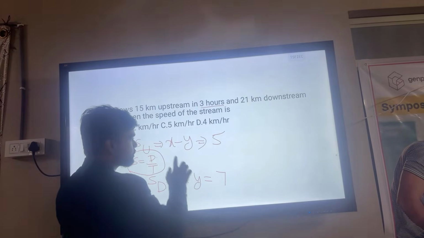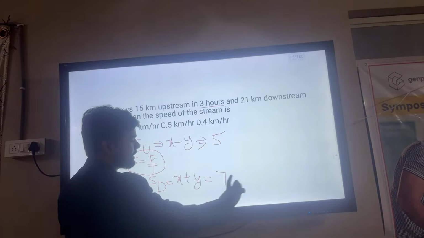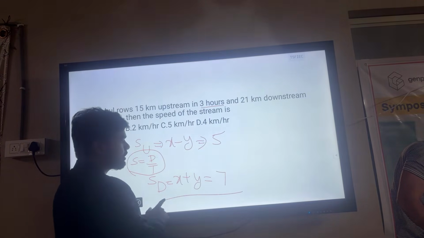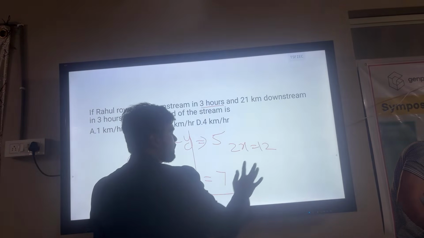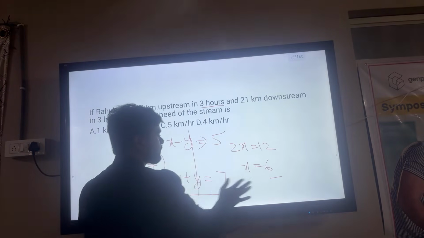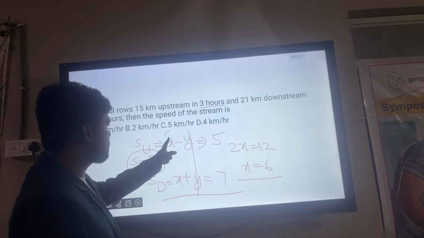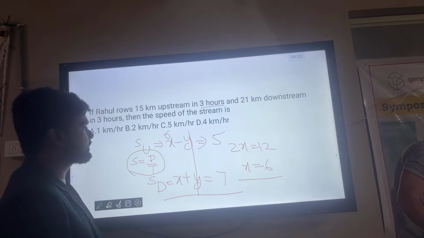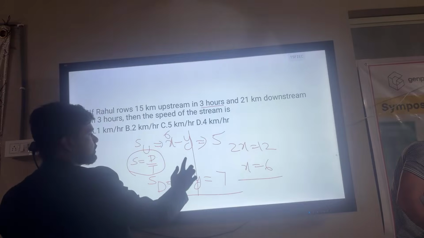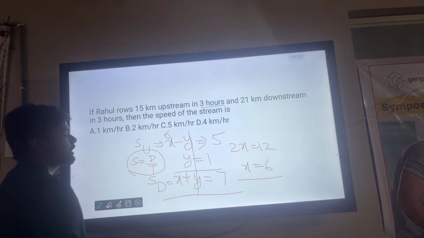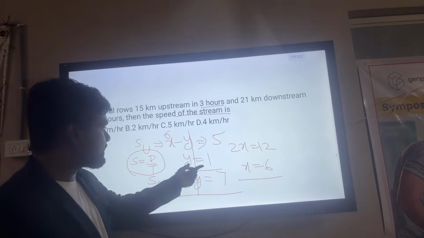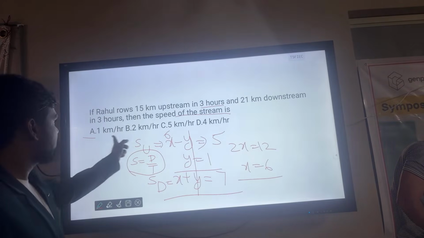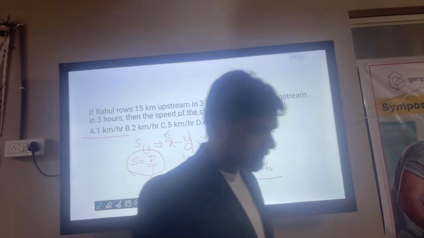So x minus y is equal to 5, x plus y is equal to 7. So y cancels, 2x is equal to 12, x is equal to 6. If you substitute 6, the y value is equal to 1. The question asks for the speed of the stream, nothing but y. What is the y value? 1 km per hour. Option A is the correct answer.